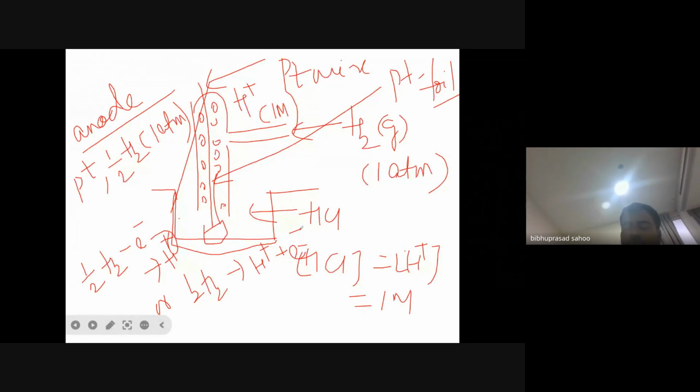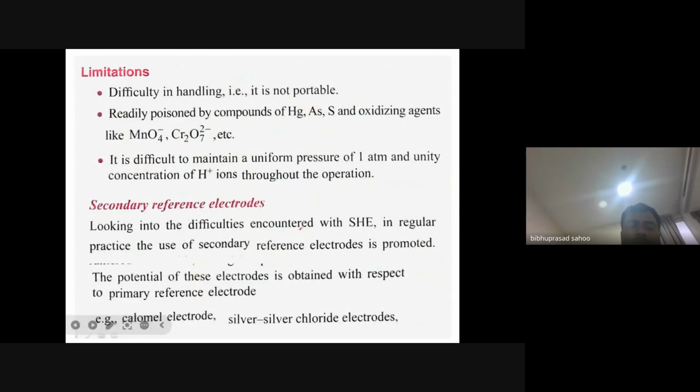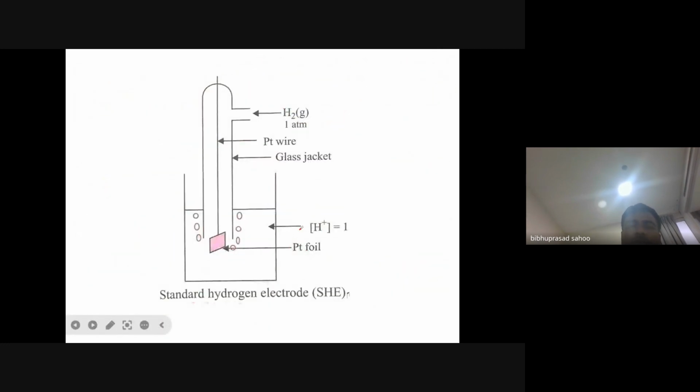So if it is anode, then if it is cathode, what is the reaction? If it is cathode, the reaction will be H plus plus electron becomes half H2, and the representation, who can say?